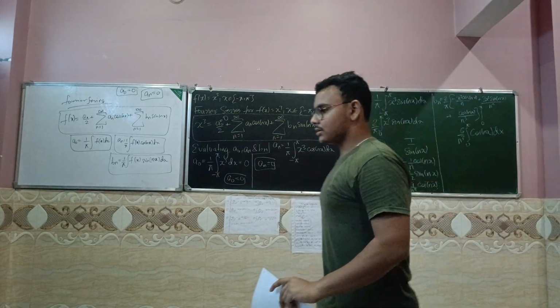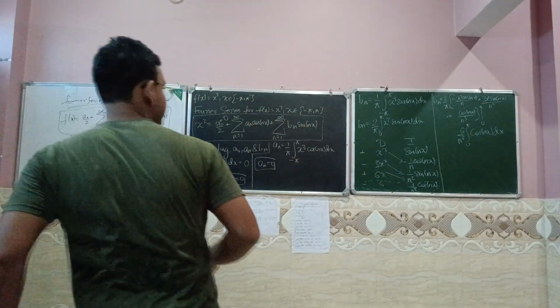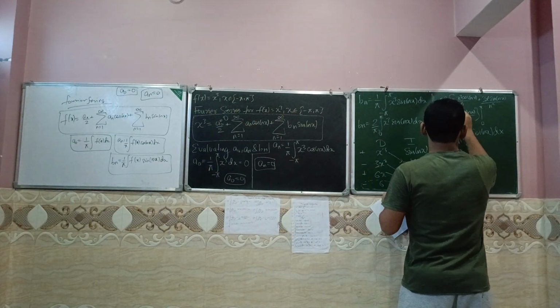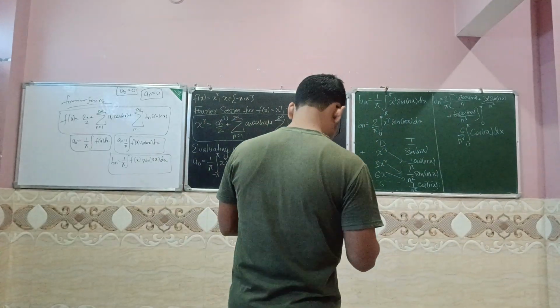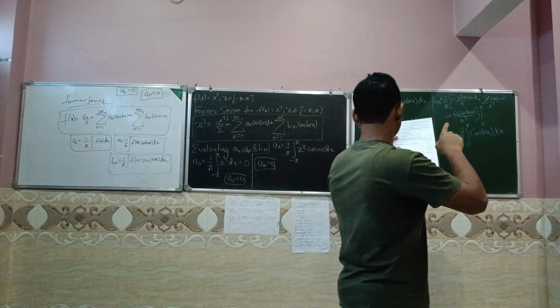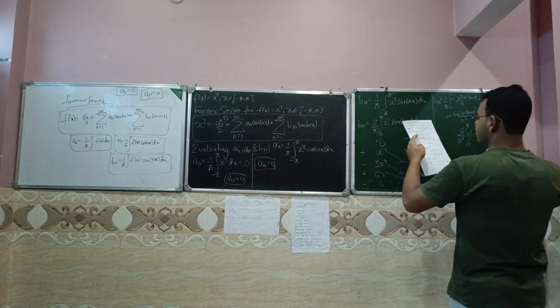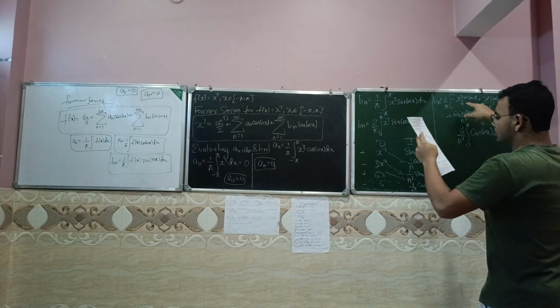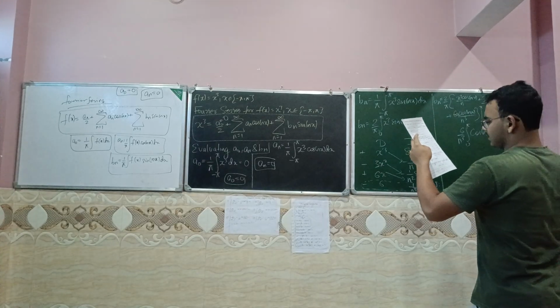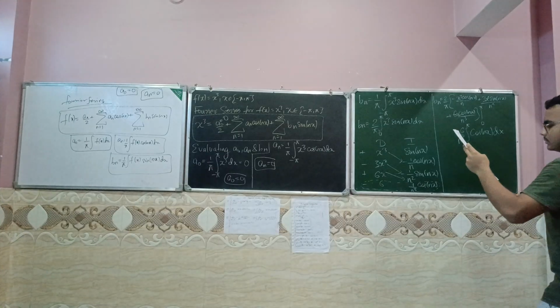We have 6x cos nx, right? So we have 6x cos nx over n cubed, and this is going to be 0, and negative x cubed cos nx over n, evaluating from 0 to pi.